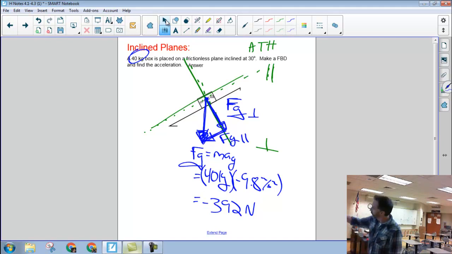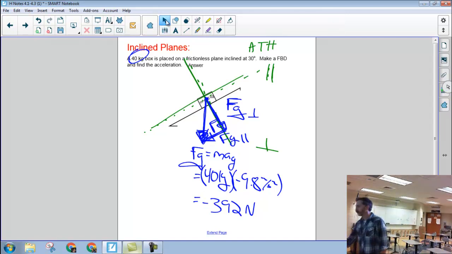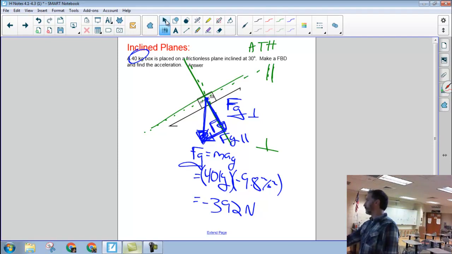Okay, so the idea is here is my right angle. Now it turns out that this angle here is the same as this angle here. And so in this blue triangle that I've got on the screen, the FG perpendicular, this component of gravity which is perpendicular to the axis, is our adjacent side.